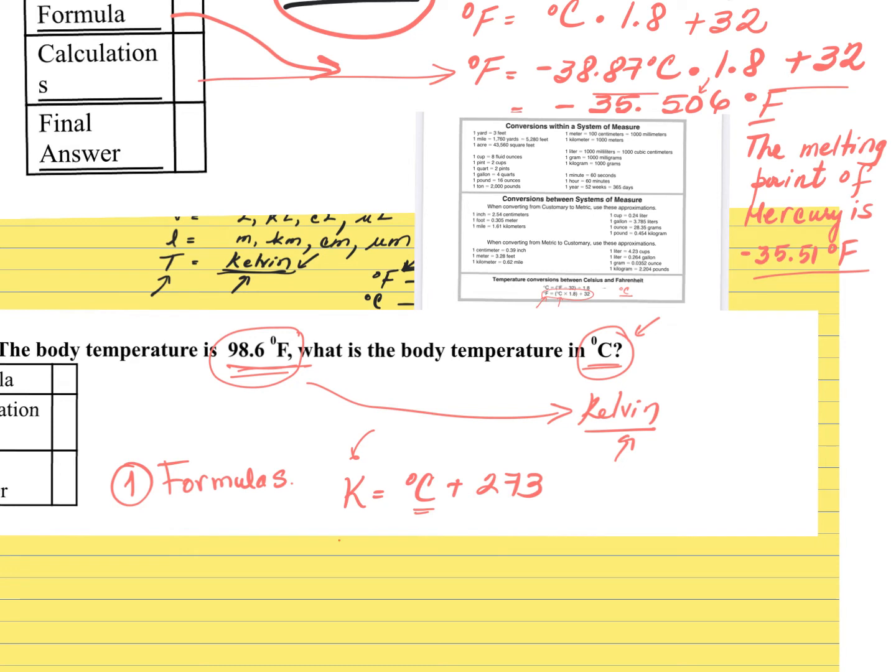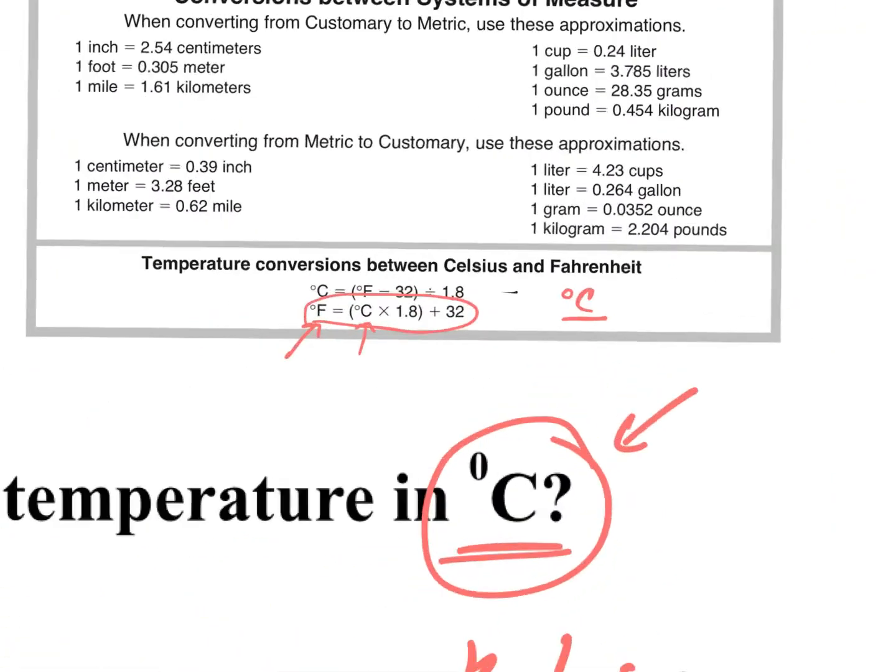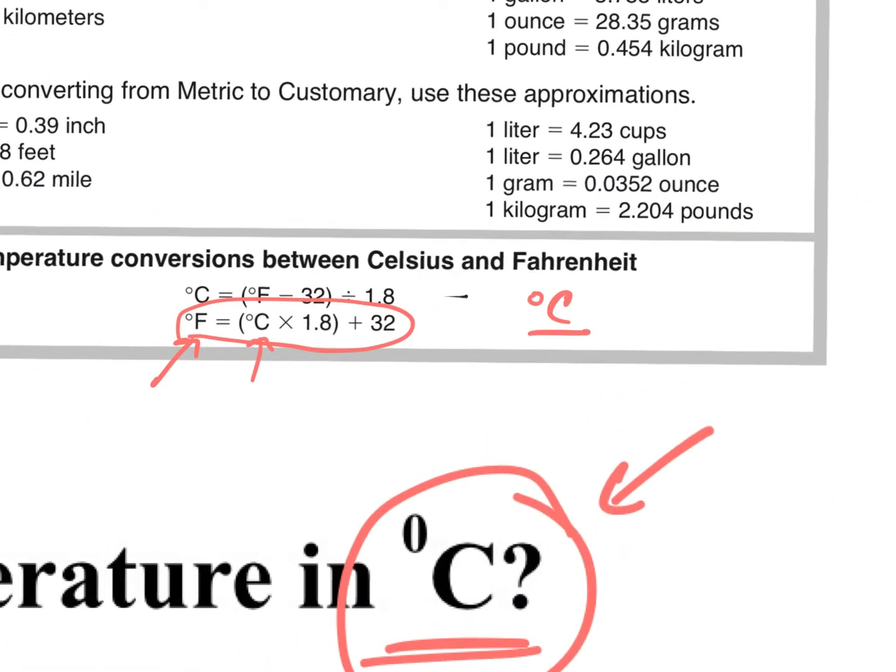And from the reference sheet I have that if I want the temperature in degrees Celsius, I have to subtract 32 from my Fahrenheit, and then I have to divide by 1.8. See, I'm not inventing that. It's a given that you have in your reference sheet.